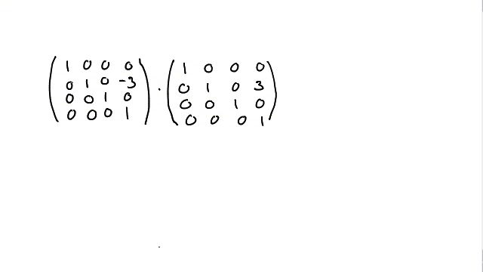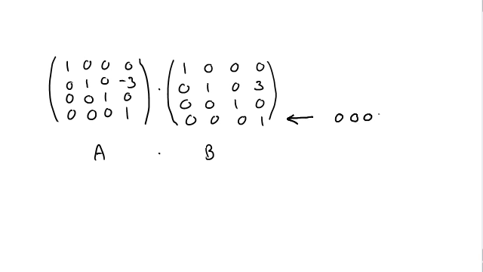Again, not too hard to prove this. All we have to prove is that the product of these two is the identity matrix. And that follows because when I do A times B, the rules of pre-multiplying by a pivot matrix tells us that I should do minus 3 times the fourth row. That is minus 3 times this one.